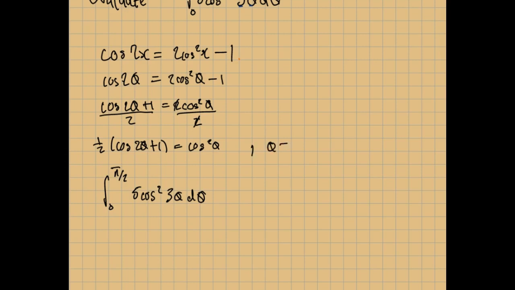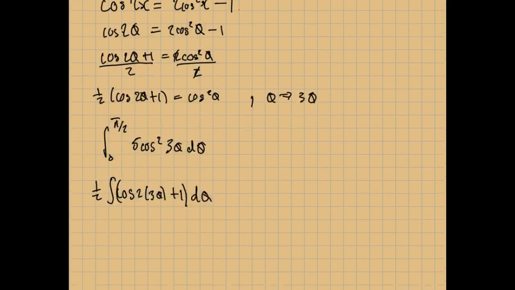So we could now say this half goes outside, and then the integral of cos 2 times 3 theta plus 1, and we are integrating with respect to theta.